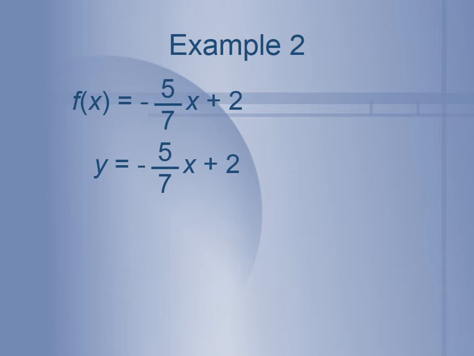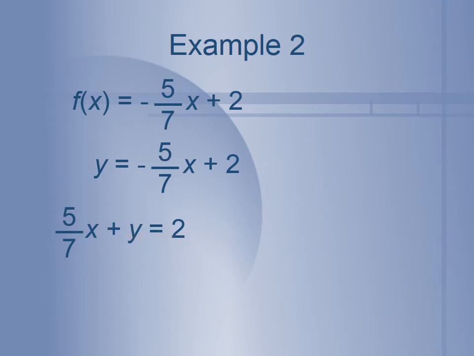Remember, that's the goal. So the first thing I want to do is get x and y on the same side. Currently, I have -5/7 x on the right-hand side. So I'm going to add 5/7 x to both sides, so that way it clears it from the right-hand side, and I end up with 5/7 x plus y equals 2.